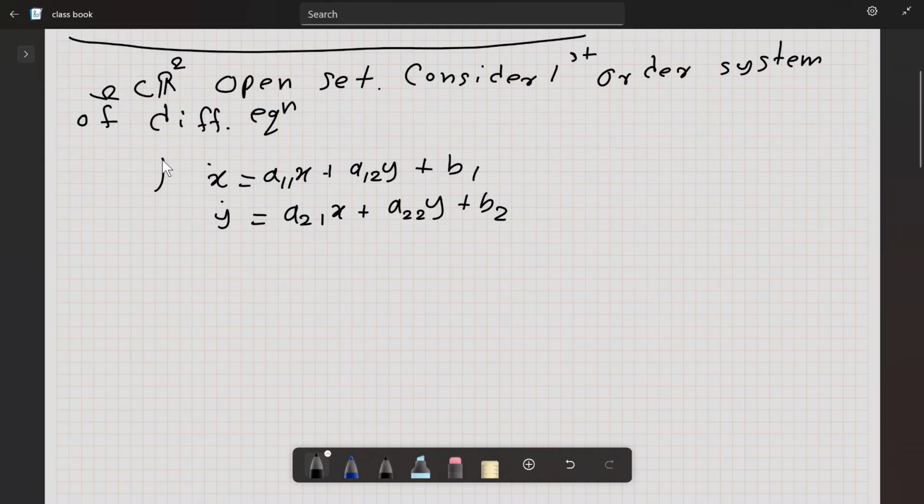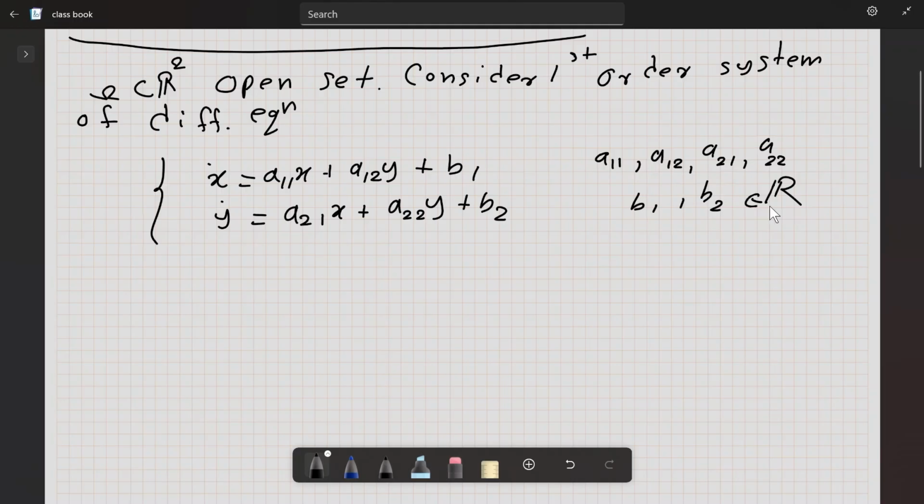So you can see I can write this using matrix form. Here a11, a12, a21, a22 and b1 and b2 are all real numbers.